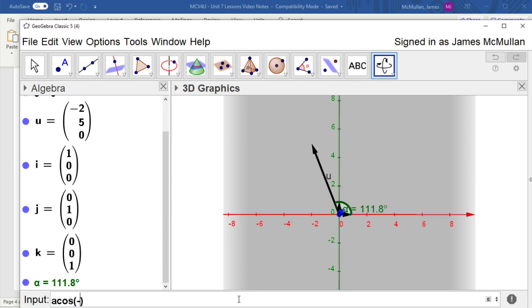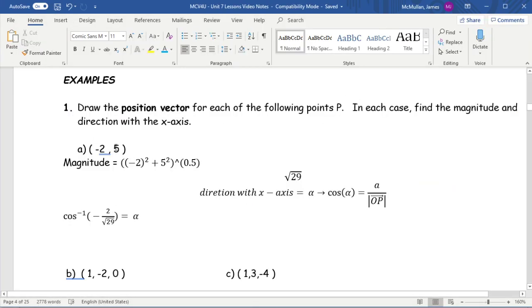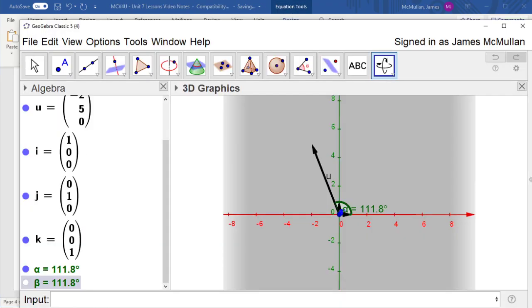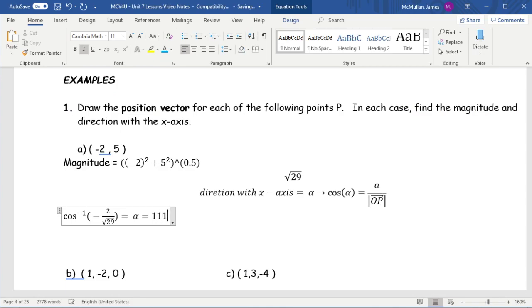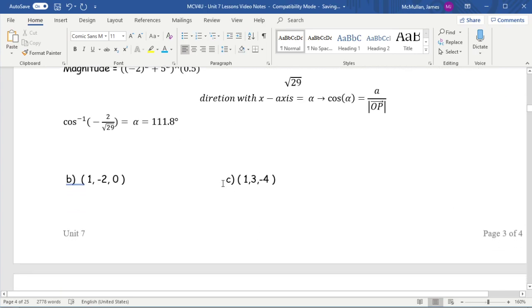Inverse cos of -2 divided by square root of 29 gives you that 111.8, right? So that's where that's coming from. Okay? So we found the magnitude was root 29. The direction with the x-axis we found to be 111.8. Okay, so that's its direction with the positive x-axis.